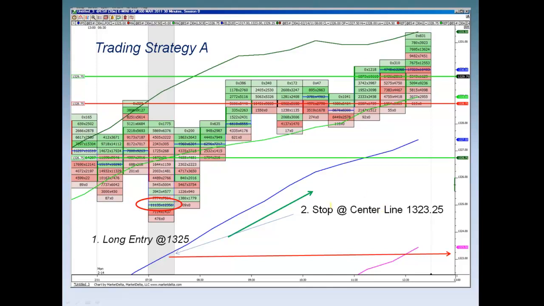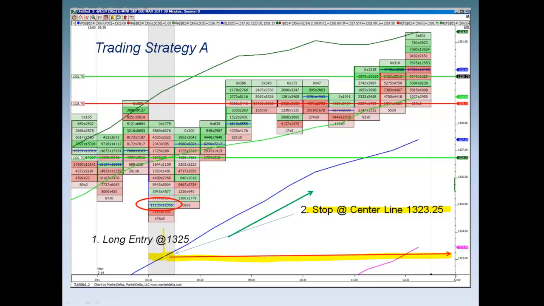Well, in this case, I'm going to use the Keltner to help me out with the stop. The center line is right here, and I take a look on my price scale, and this is at about 13.23.25. And so I now begin to use the center line of the Keltner as a point for my stop.